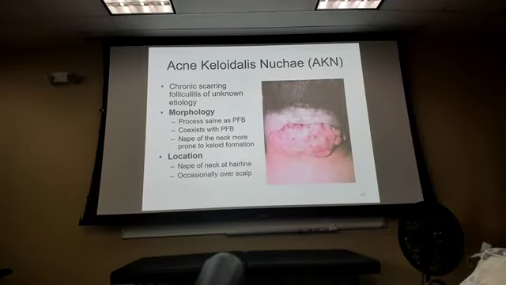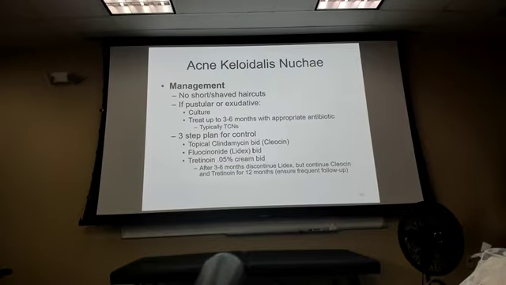So the nape of the neck, nape of the neck. Occasionally over the scalp it can occur, but the nape of the neck is what we're thinking about with this one the most.